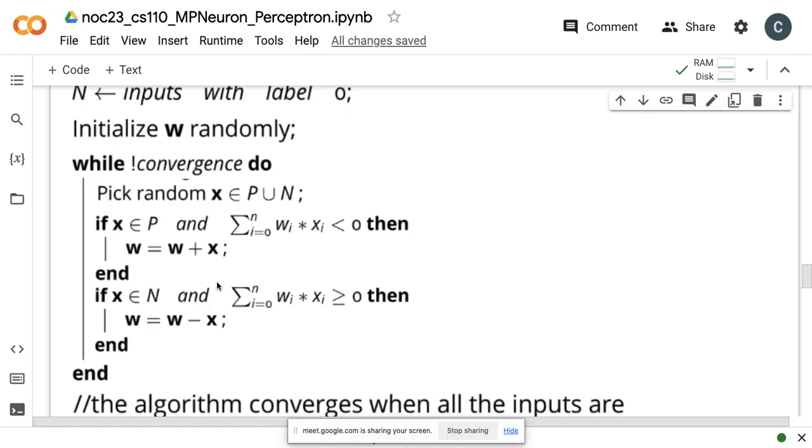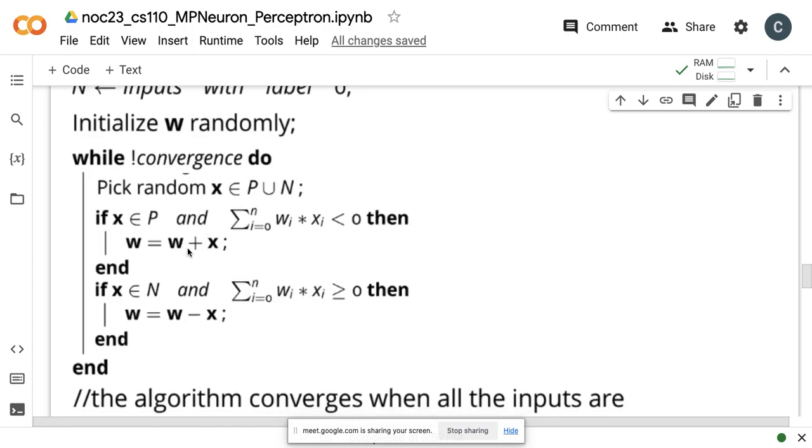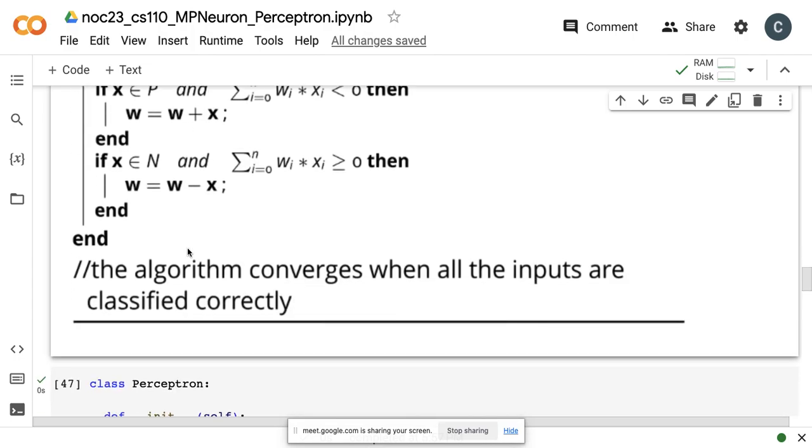I hope you got the intuition of why we are updating w: w equals w plus x for the positive points, and w equals w minus x for the negative points. If you're not able to understand, please let me know in the chat. Once we are done, maybe I can give you a simple intuition about why this happens, and it all comes down to the angles between the weight vector and the input vector. As a mathematical intuition we can talk about that later.